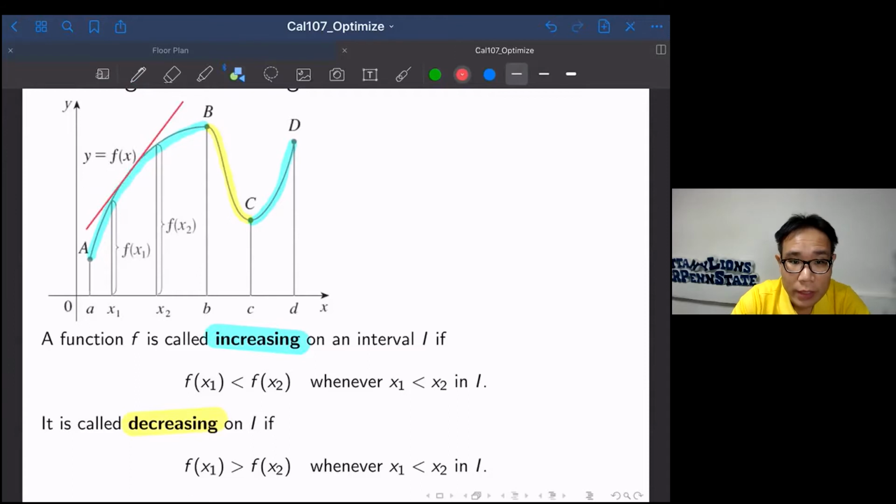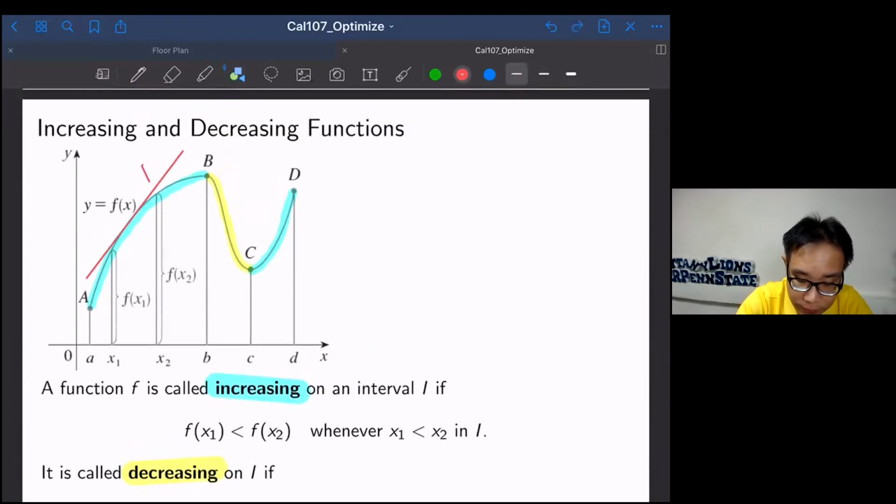You're going to see that the tangent line here has positive slope. This one has positive slope. And you also see that from C to D, if you draw a tangent line, it also has positive slope.